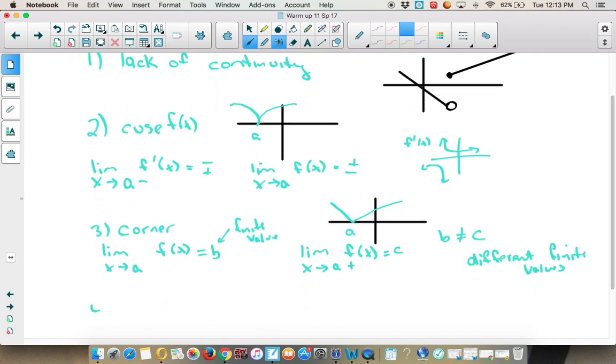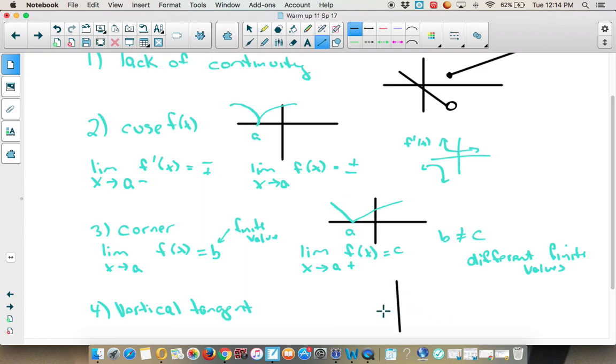All right, and the fourth reason for differentiability to fail is called a vertical tangent. Graphically, what it's going to look like on your original function, vertical tangent, I'm approaching something like that, and then pick it back up.